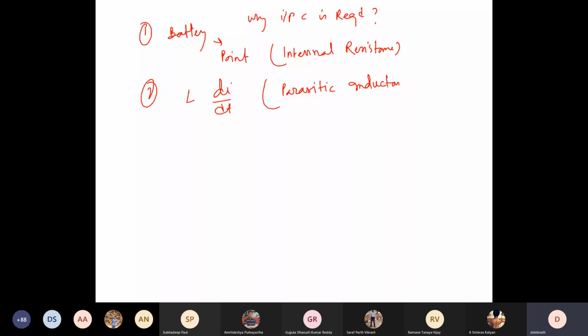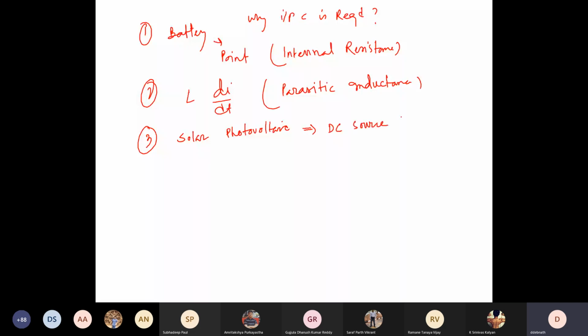Third, if you're talking about some source like solar photovoltaic. See, generally we don't discuss it too much, but I want you to get ready with some recent applications. Solar photovoltaic is actually a DC source, right?